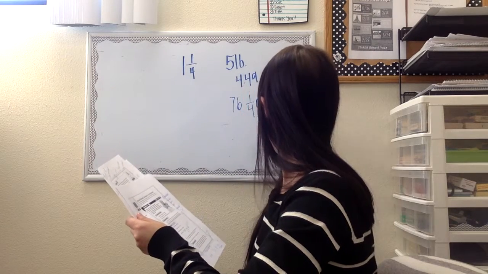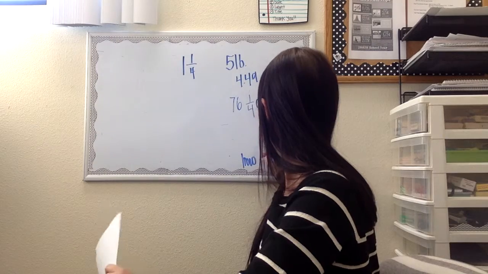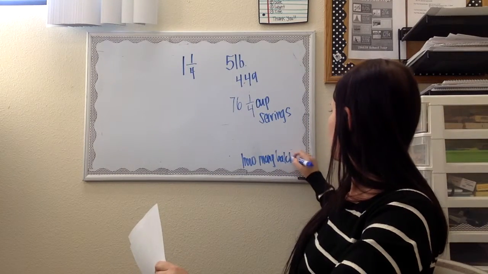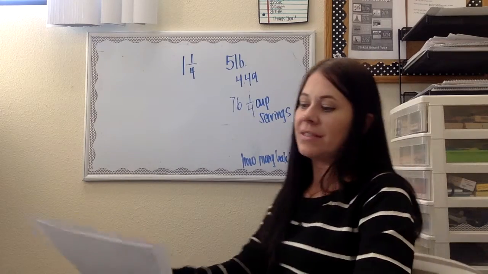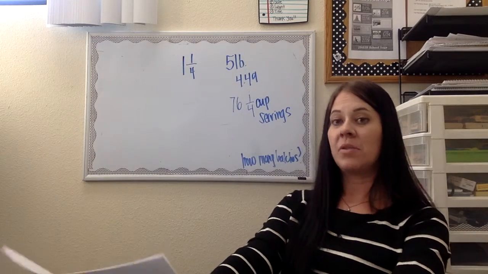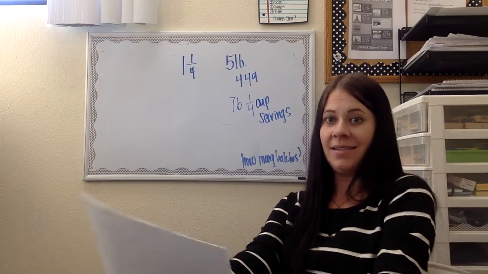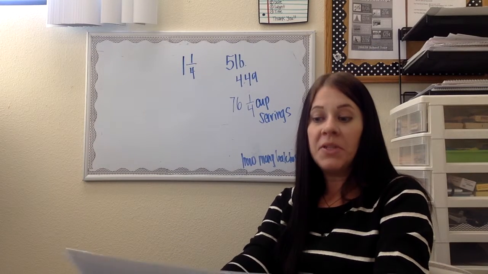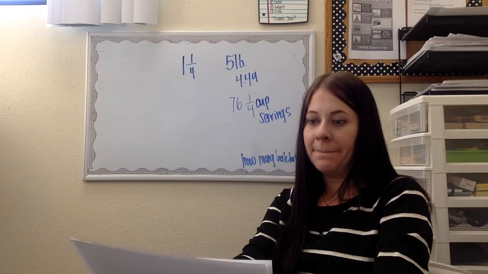And we want to know how many batches she can make. Now, I think this problem is really hard because they give us a lot of information, and some of the information we don't need. That's what I think is the most confusing about a problem like this, is they're kind of trying to trick you.